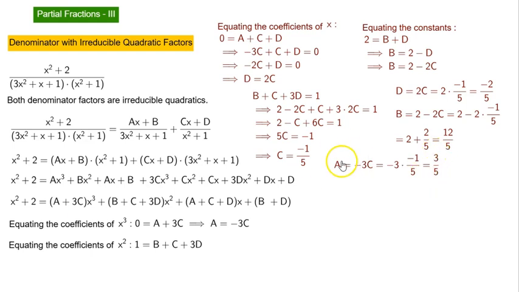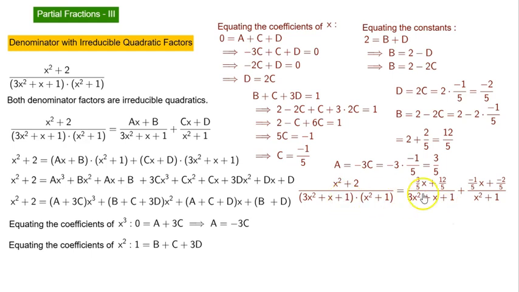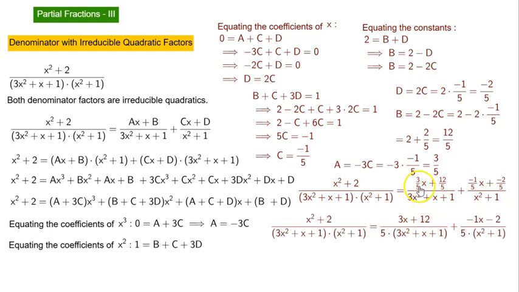So now we have got A, B, C, D. Substituting, we get 3 by 5x plus 12 by 5 divided by 3x square plus x plus 1, plus minus 1 by 5x plus minus 2 by 5 divided by x square plus 1. Simplifying it, 5 is common in the numerator.